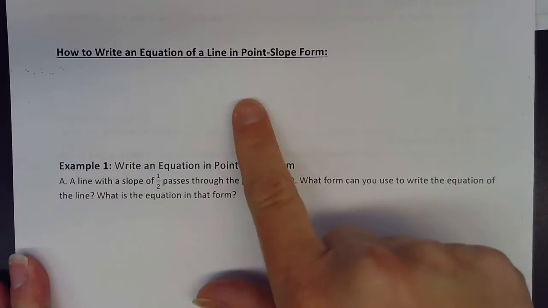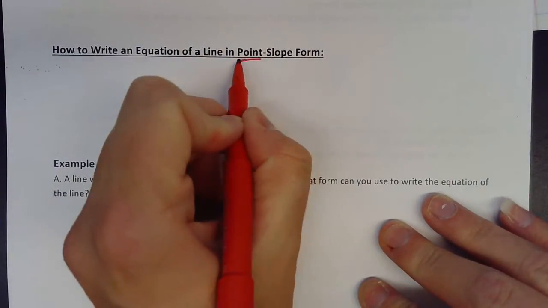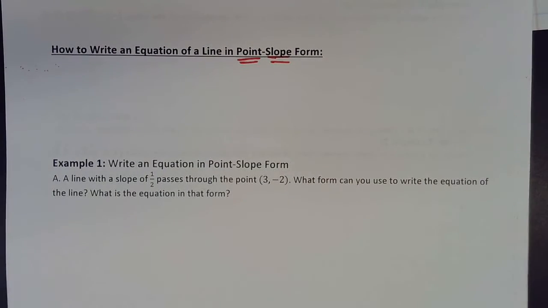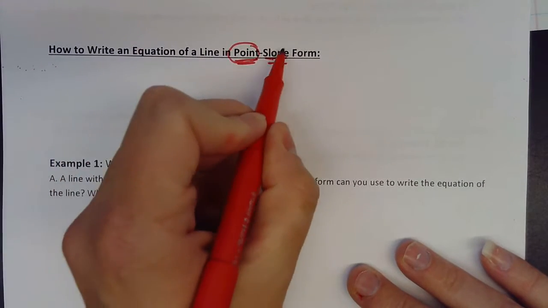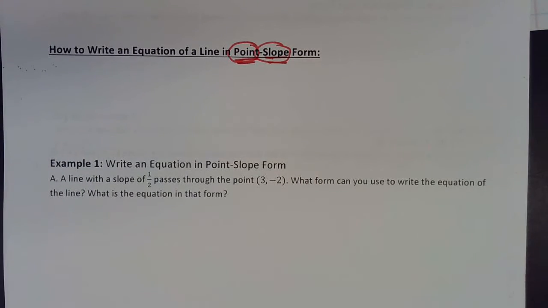But you need to know how to write an equation of a line in point slope form. You do have a quiz next Friday, and if you don't know how to write a line in point slope form, you're not going to do very well, because you're going to have to write equations of lines that are parallel, or equations of lines that are perpendicular.